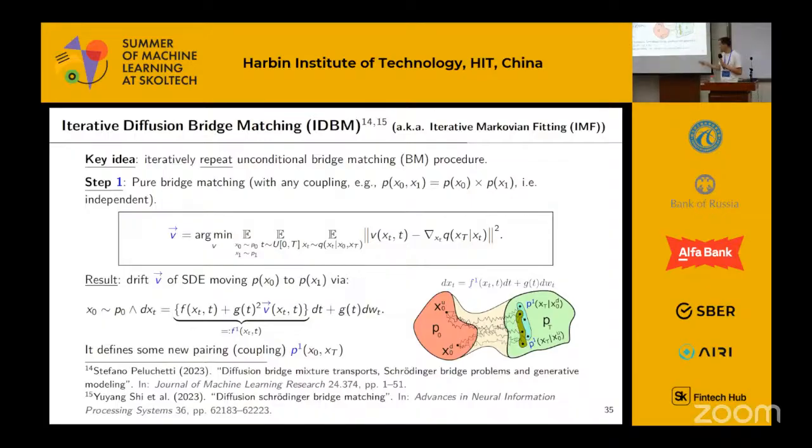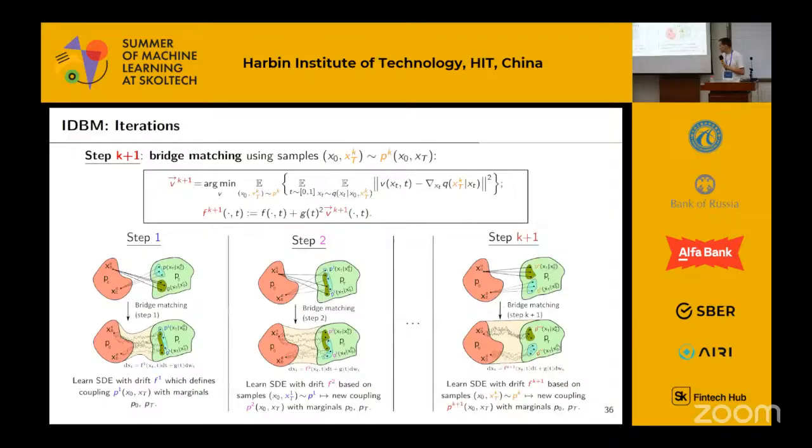and we can use this coupling again to train a new bridge matching model on top of it. So on the next step, like in rectified flows, we train a new bridge matching model, but we sample our points x1, xt not independently, but dependently, according to our previously trained unconditional bridge matching model.